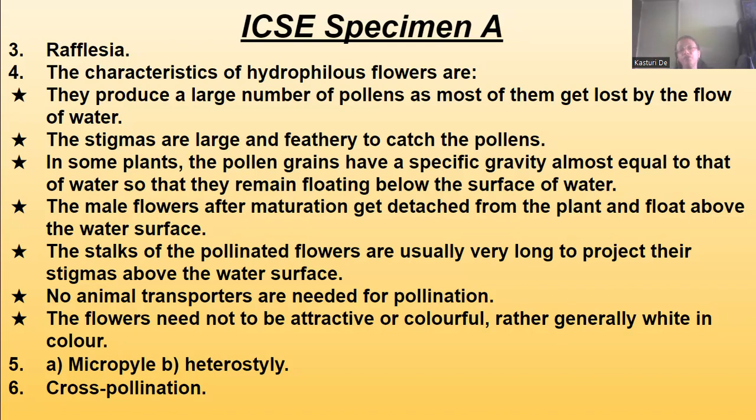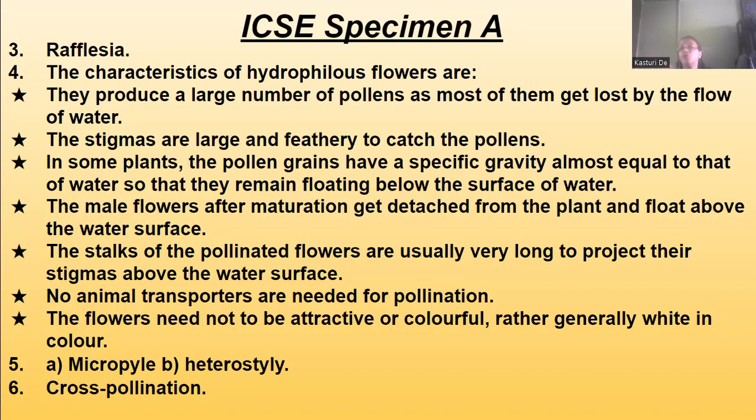Male flowers are there and female flowers are there. The male flowers, after maturation, get detached from the plant and float above the water surface. And the stalks of the pollinated flowers are usually very long to project their stigmas above the water surface.